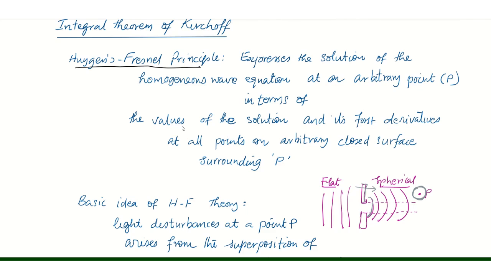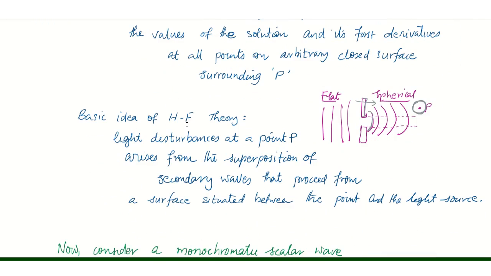What it means is, suppose we have this opening as the source, then each point in this source will act like a source of secondary spherical waves, because these are point sources, and what is emitted from there will have a spherical wavefront.